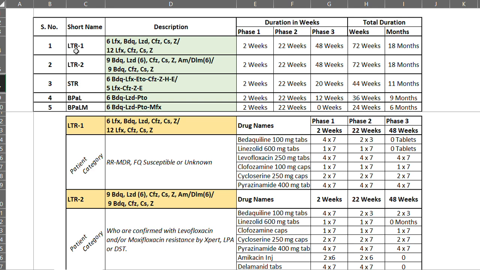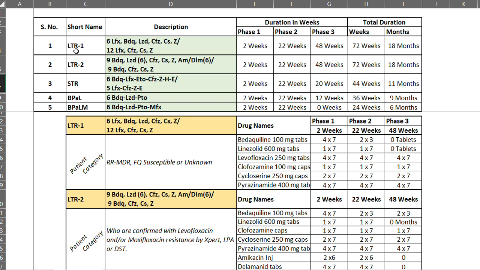In BPaL, phase 1 will be 2 weeks, phase 2 will be 22 weeks, and phase 3 will be 12 weeks, meaning 3 months, so it will be a 9-month treatment.